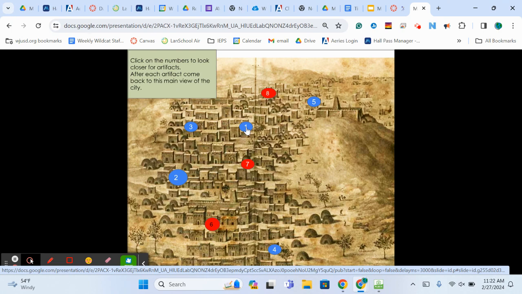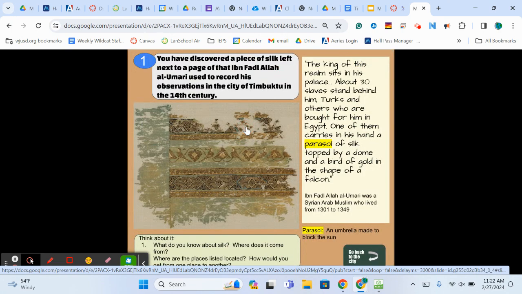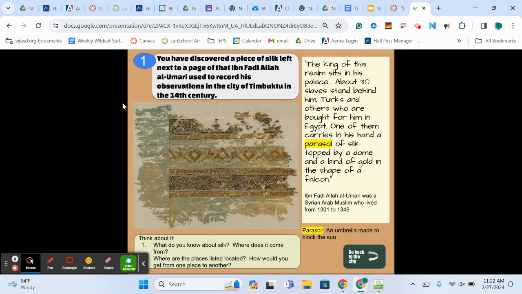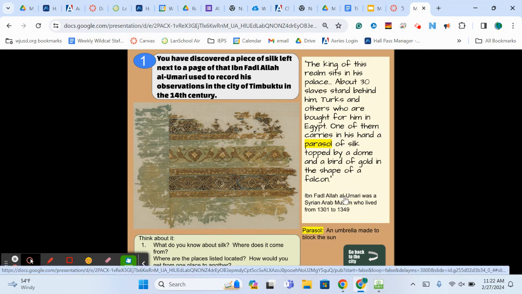So we're going to open up a blue one. You've got the artifact that you found. You have discovered a piece of silk left next to a page that Ibn Fadl al-Umari, please forgive my pronunciation, used to record his observations of the city of Timbuktu in the 14th century. This is the piece of silk, and this is the page of his journal where he had recorded what he saw.